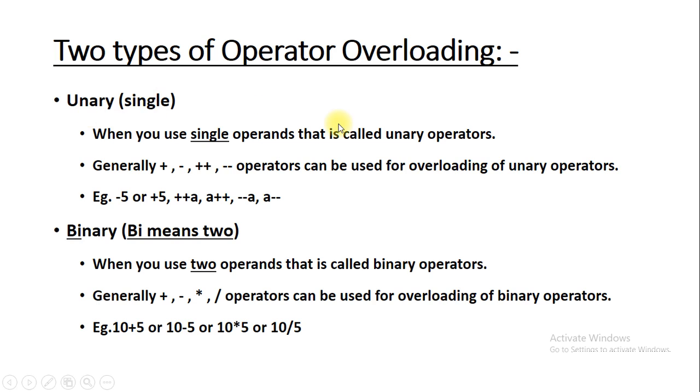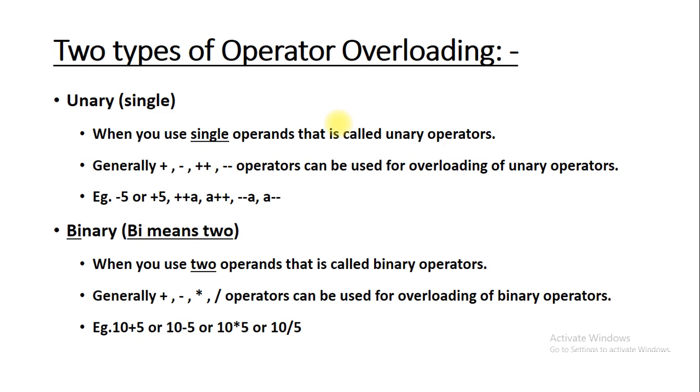In unary operator overloading, just keep in mind that when you want to use a single operand, that is called a unary operator, and when you are using binary, bi stands for 2. So when you are going to use two operands, that is called a binary operator.